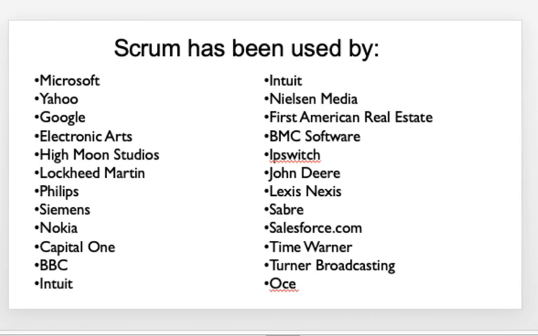To emphasize the importance of Scrum, Scrum has been used by the majority of the multinational companies across the globe, right from Microsoft to Yahoo to Google to Philips, Siemens, Nokia, Intuit, Time Warner, John Deere, and so on.